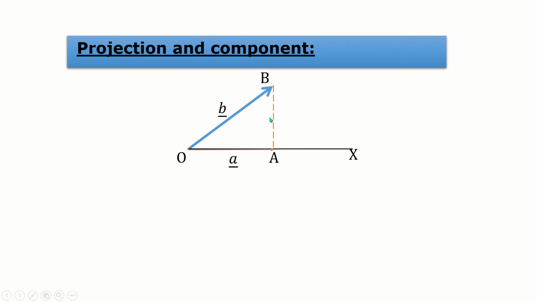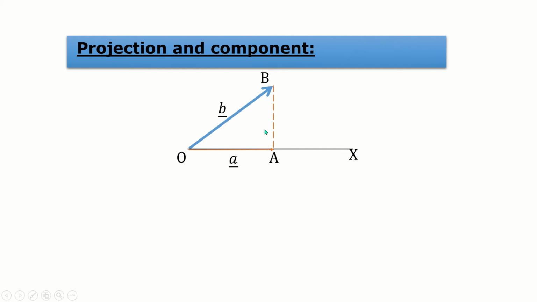By drawing the perpendicular, a region on the base, that means this region OA, OA is the projection of the line OB. Clear? OA is the projection of the line OB.